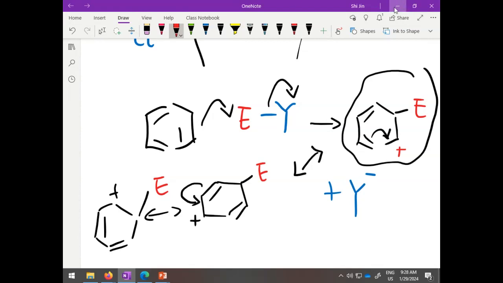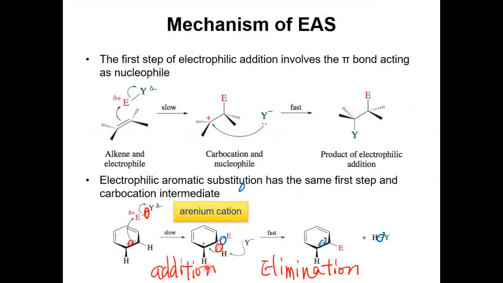This intermediate also has a few names. One is arenium cation, and the other is sigma complex. As far as pronunciation goes, sigma complex is easier to pronounce, so I just call it sigma complex.